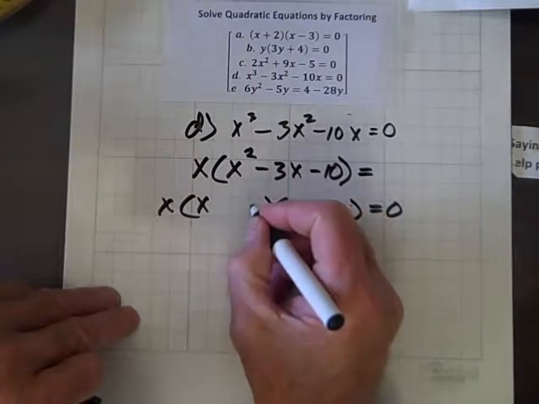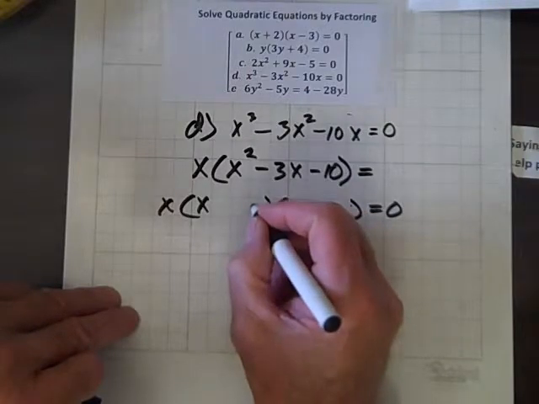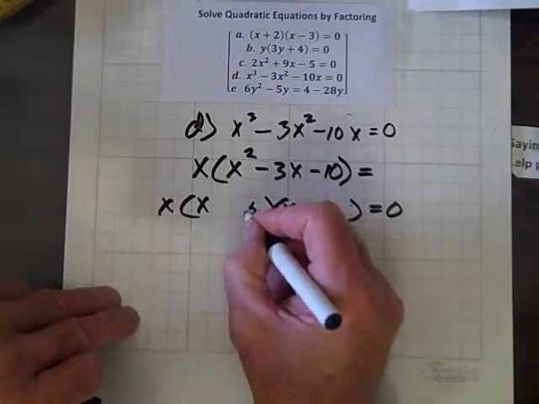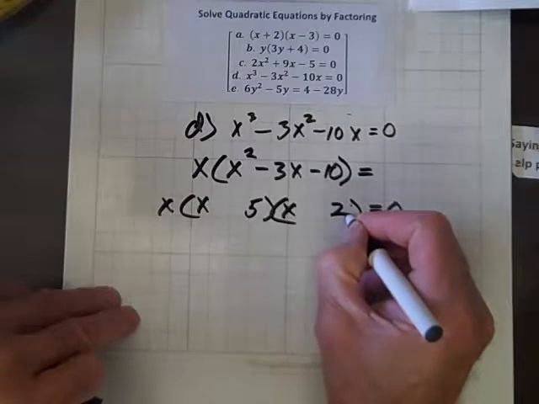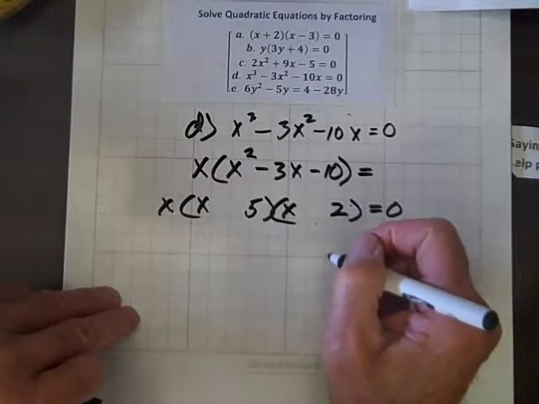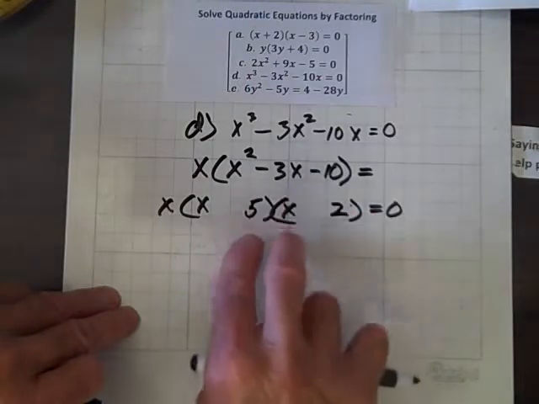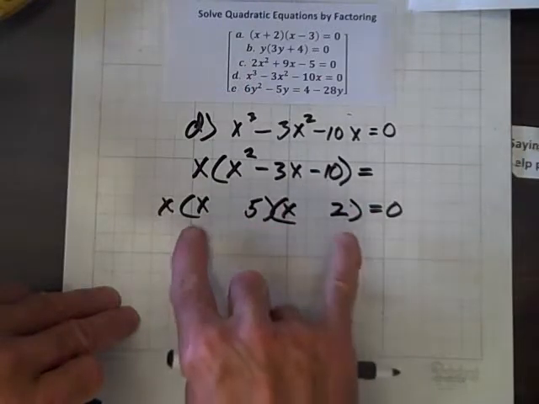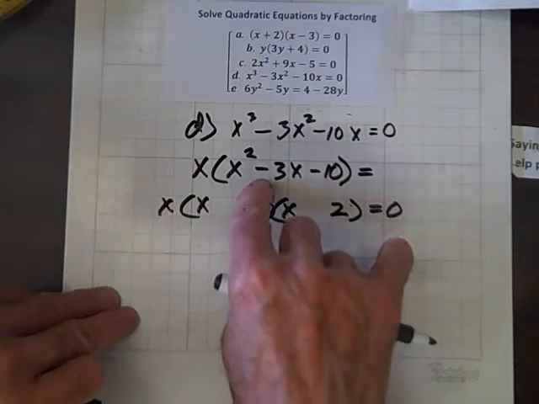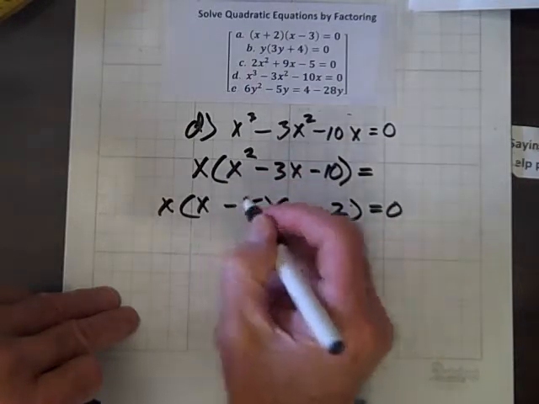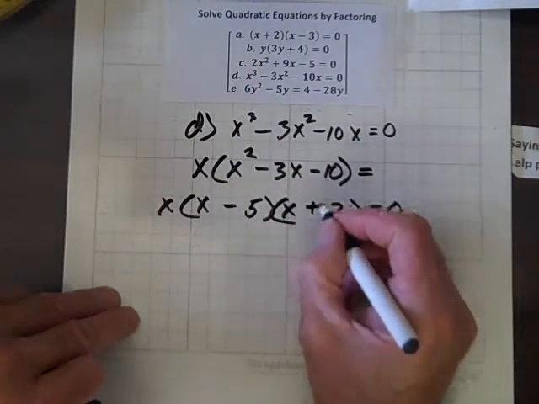Well, 2 times 5 is 10, and the difference in 5 and 2 is 3. Next issue, who gets the negative? Well, let's see. If this is a negative 5x plus 2x, we will get a negative 3x. So we'll put the negative here, the positive here.